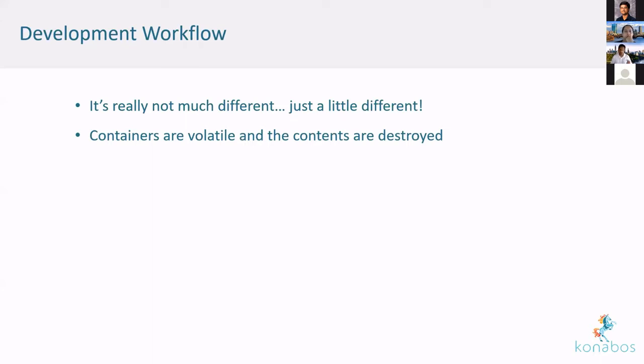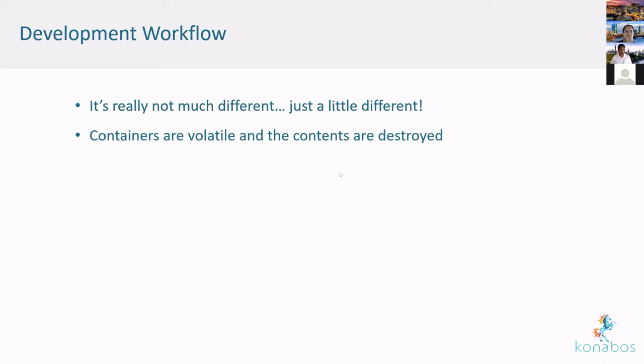Every time you start Docker up, it starts up from clean. So if you've done something within the Docker instance, it gets destroyed every time you hit down, which is bad the first time you're running it, because you're like, what happened to all my stuff? But from a deployment workflow point of view, it's actually really good, because every time you start an instance up, you've got a brand new clean instance without all of the historical things that you've deployed and dumped into it.